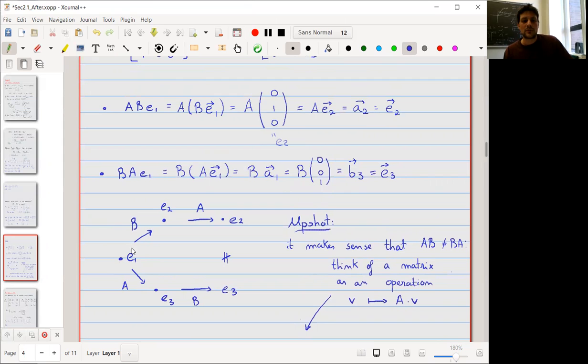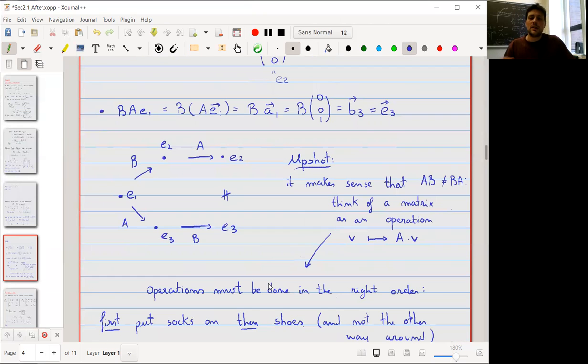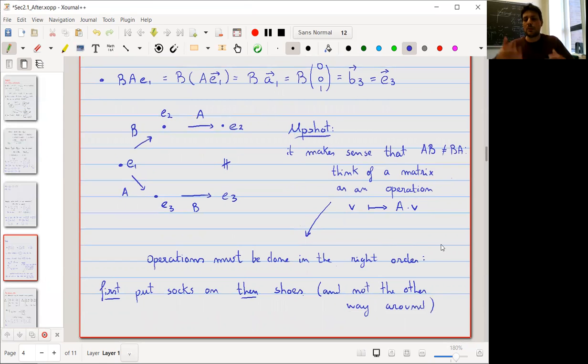When instead we start from E1, multiply by A and then by B, we get E3, which is different from E2. So if you think of matrices as operations that transform vectors, it only makes sense that the order in which you apply the matrices matters, because the way they transform vectors is different depending on the order.